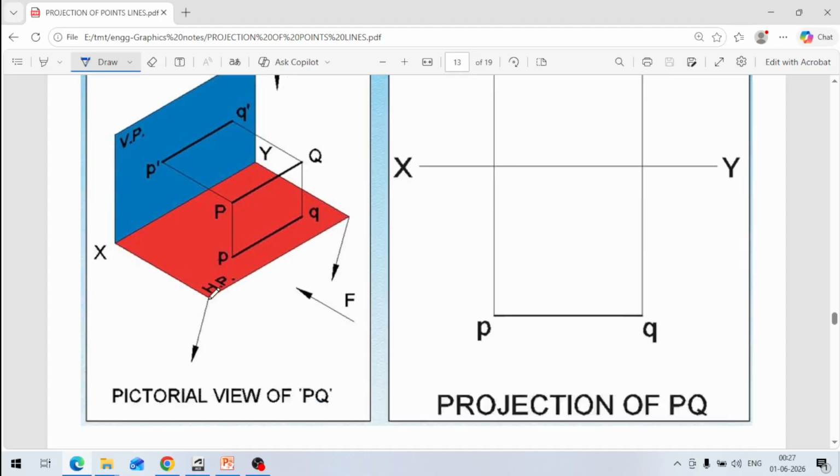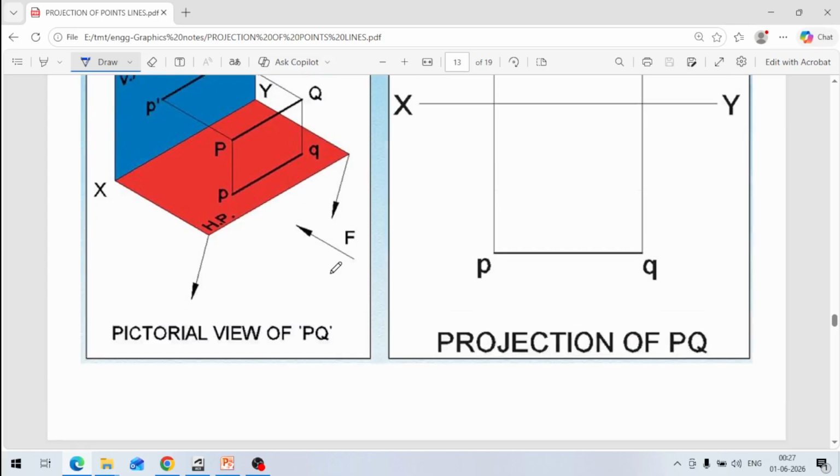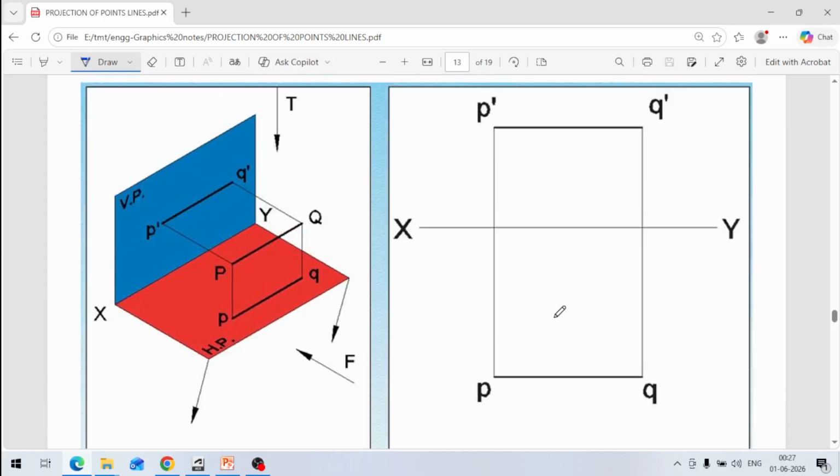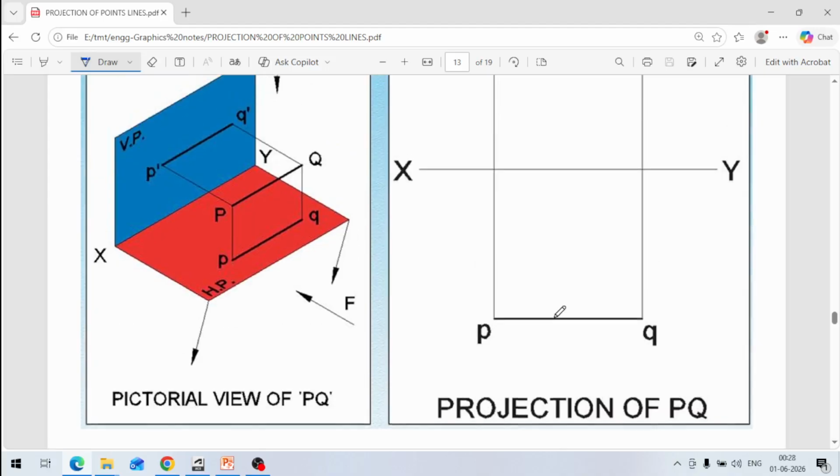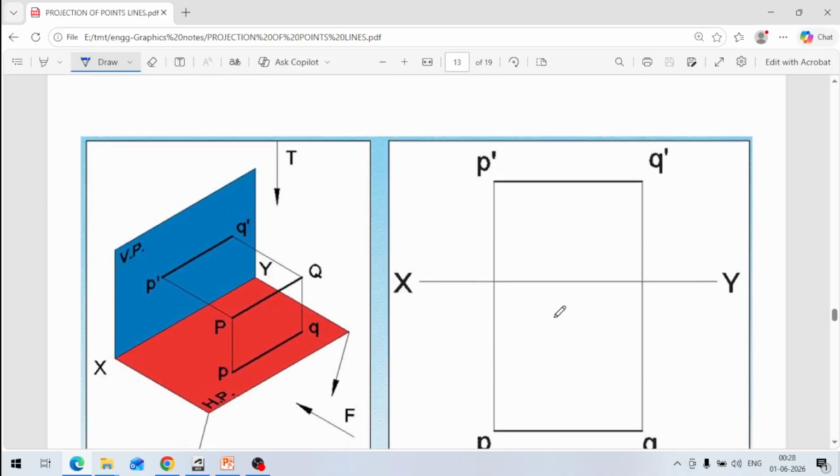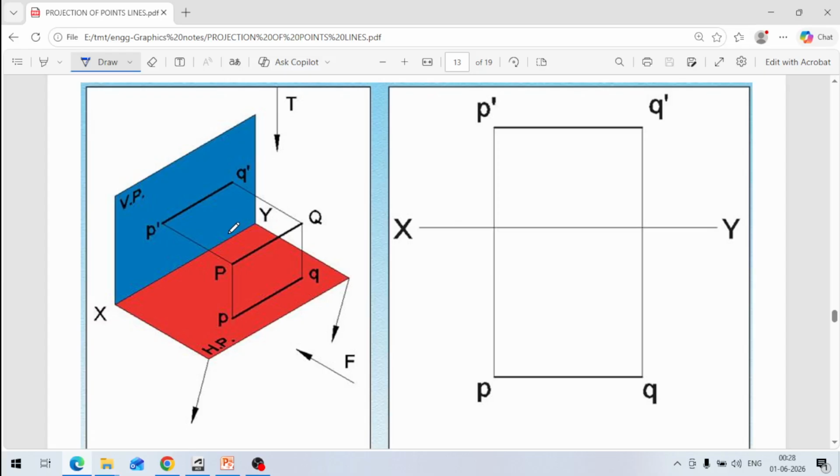So this is our pictorial view, and these are the projections of the line PQ in this view. Actually, from the 3D view we want to show it in a 2D drawing, the projection of the line.